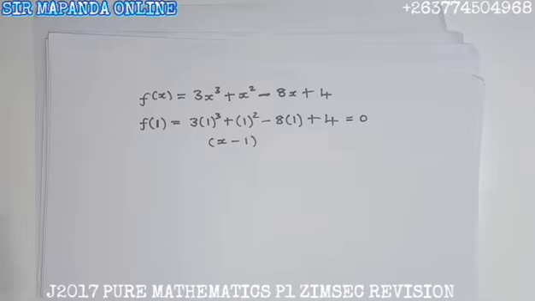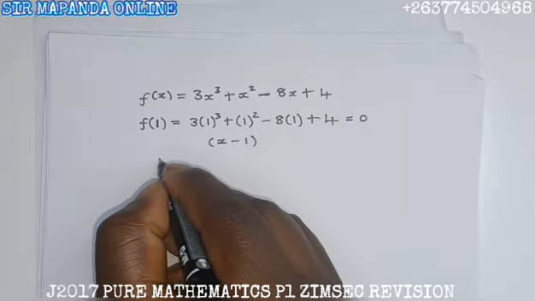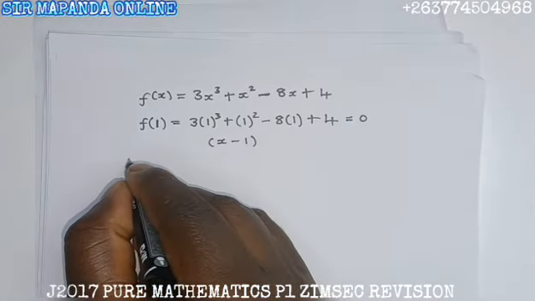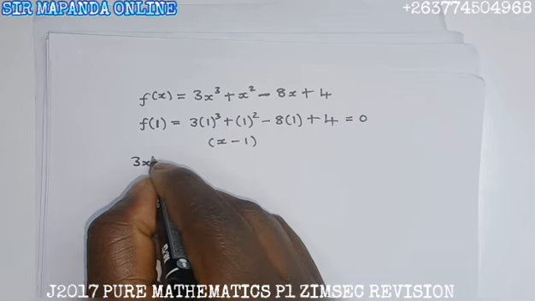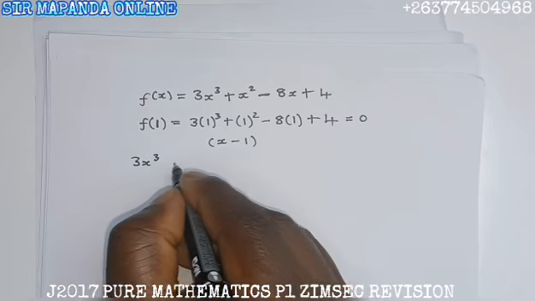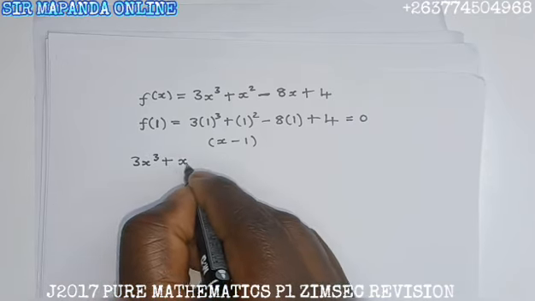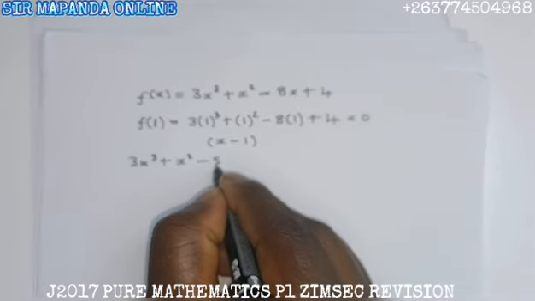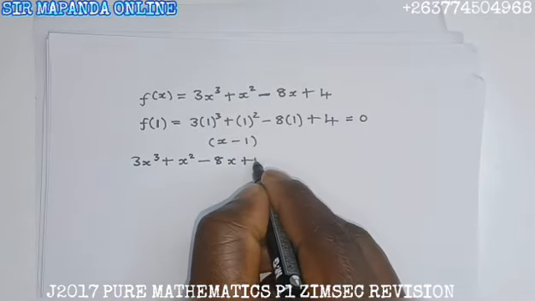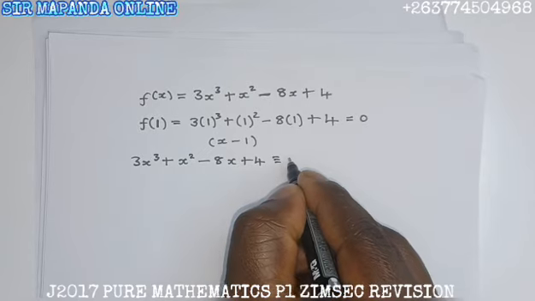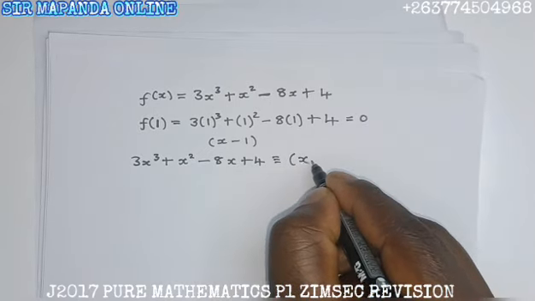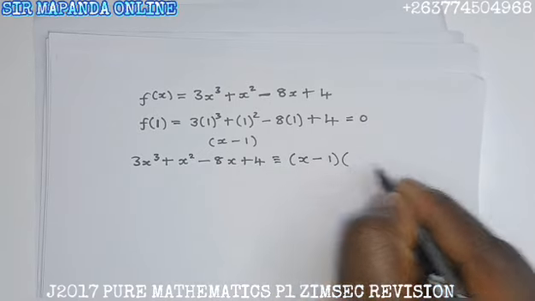Right. So you carry out long division to find the quotient, or you can use the identity approach. According to the identity approach, you write 3x cubed plus x squared minus 8x plus 4, identical to x minus 1 times a second bracket.